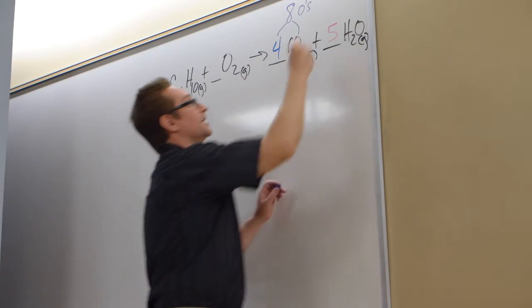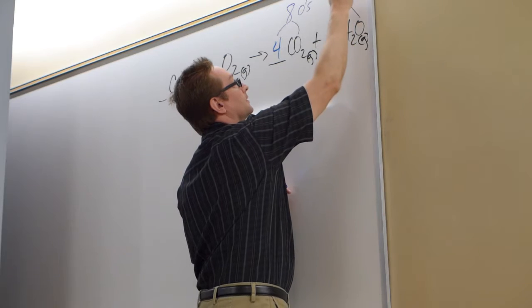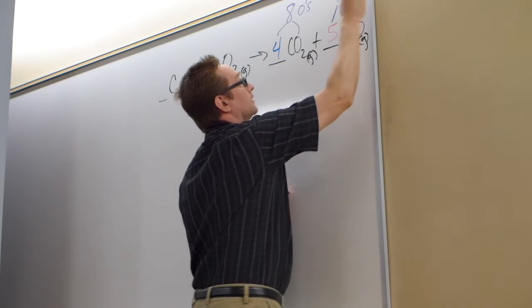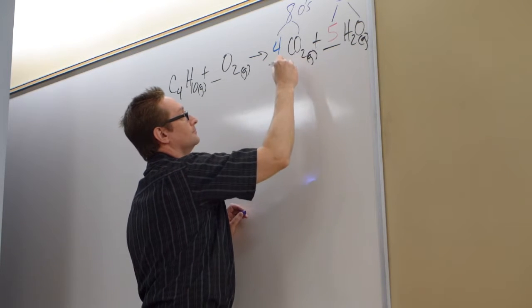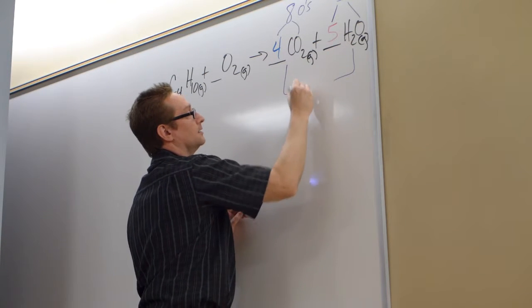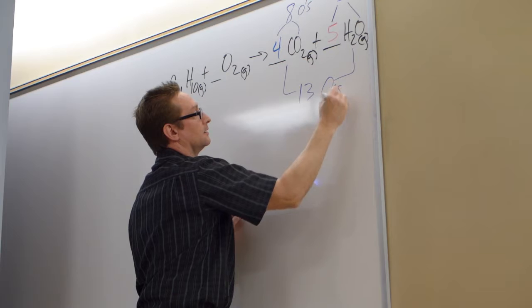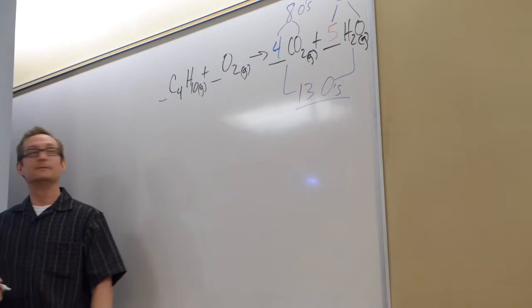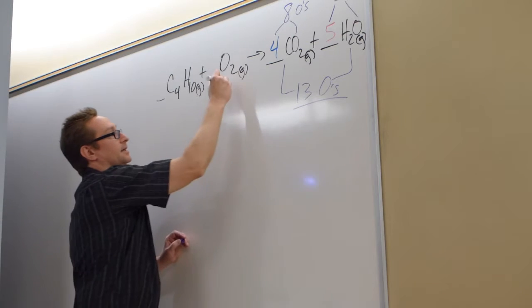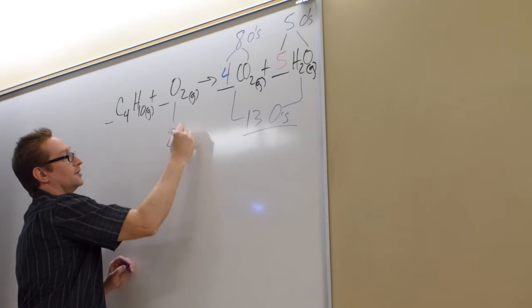We have 5 from that. So adding those together, we have a total of 13 O's on that side. On this side, we only have 2 O's.